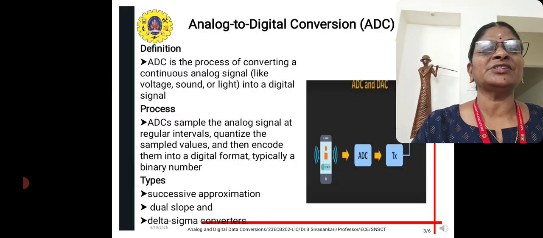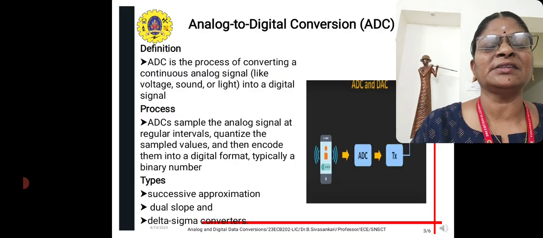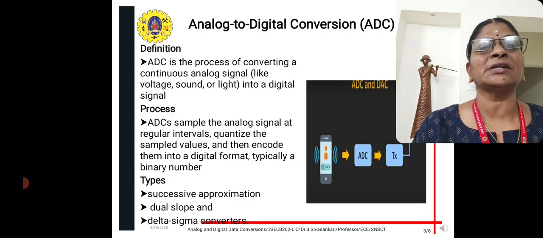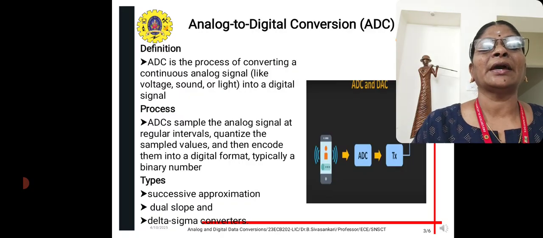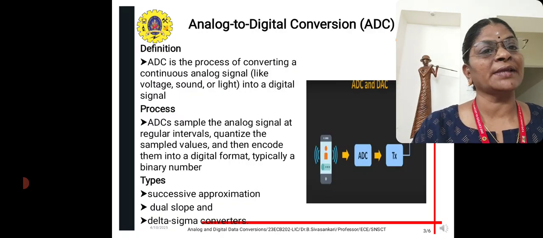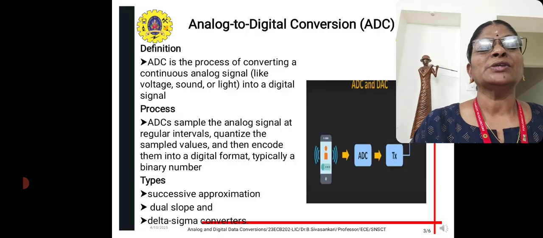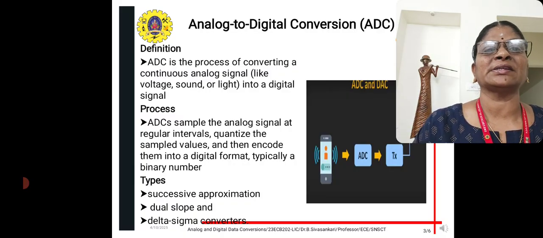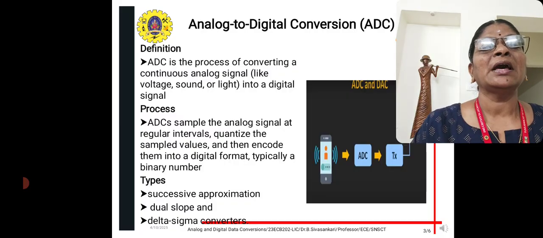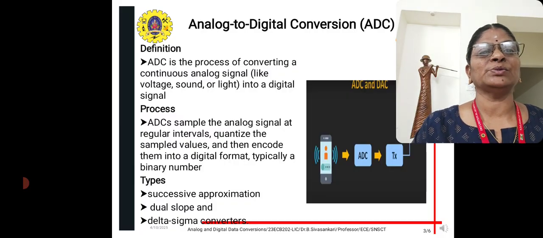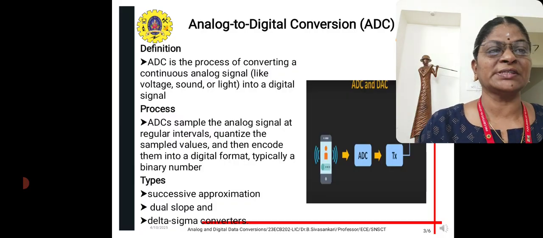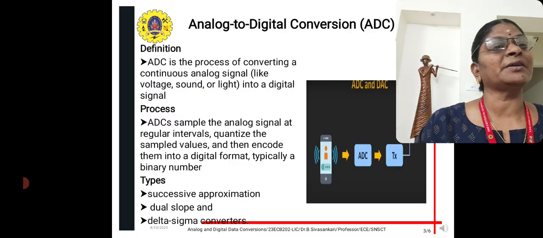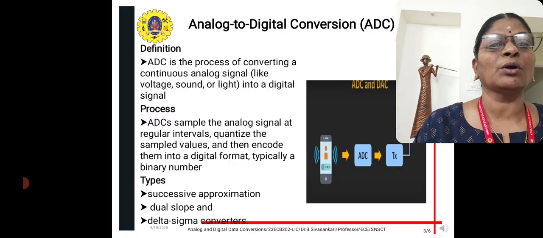The exact definition of ADC is the process of converting a continuous analog signal like voltage, sound or light into a digital signal. What it does is sample the analog signal at regular intervals, quantize the sampled values and then encode them into a digital format, typically a binary number like zeros or ones.